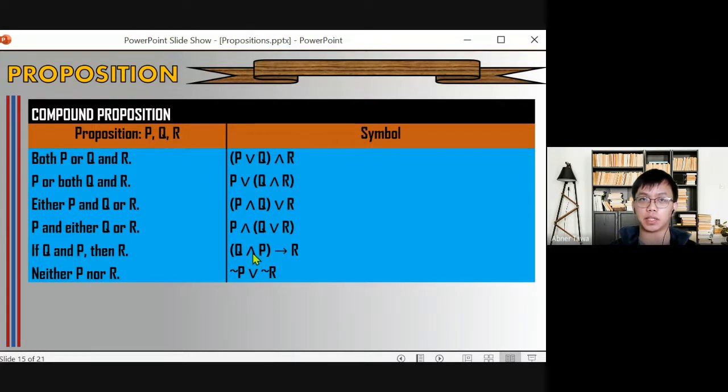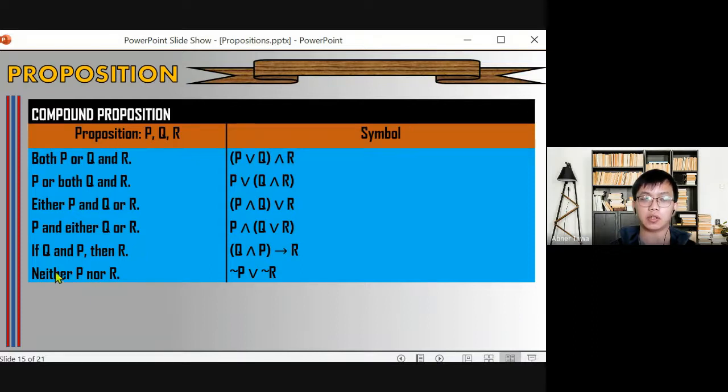So we're going to have it here, Q, open and close parenthesis, Q and P, implies R, or if Q and P, then R. So we're going to have here an implication, because the main connective is the one with if and then, or if then. So this one will be an implication or conditional statement.